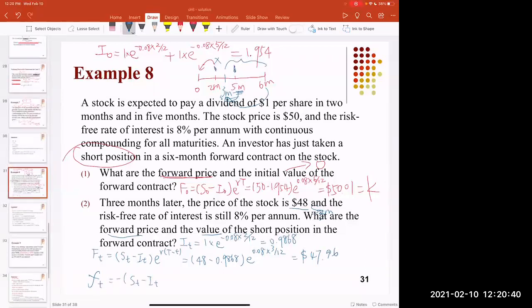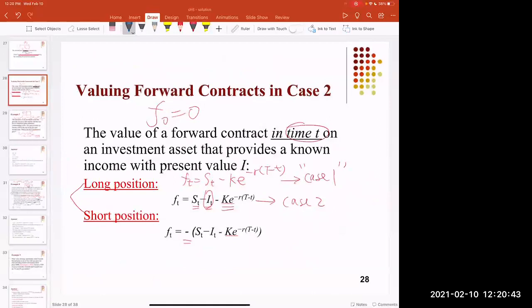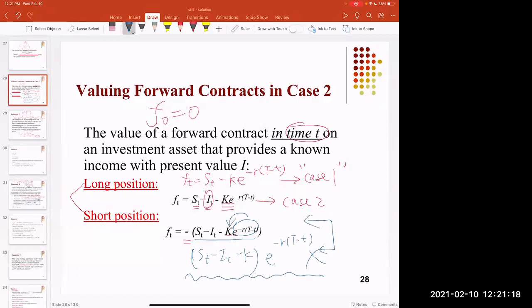In the formula, I would like to go back and let you see the formula: S_t minus I_t minus K, and the continuous discounting is only for K. In the previous semester, a lot of students did it like this: discounting S_t minus I_t minus K together. So I would like to point out this is wrong. Please see the difference. The discounting is just for K, not for S_t minus I_t, okay?